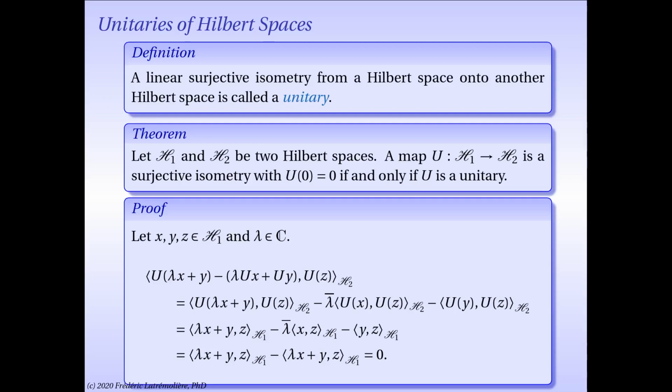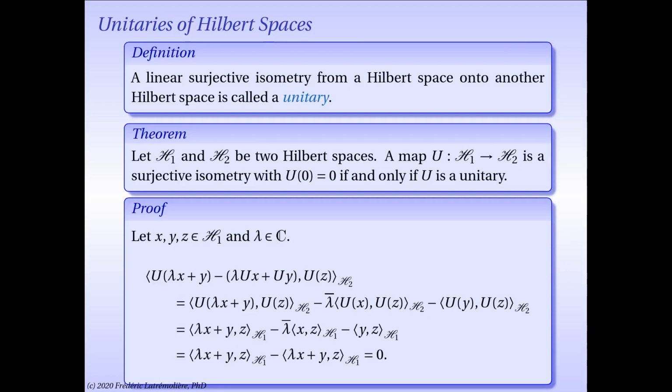To do that, I'm going to take the inner product between this vector and a vector of the form U of z for z arbitrary in the domain of U. Using sesquilinearity of our inner product, we can then expand this expression into combinations involving three inner products, all of which are of the form U of a vector inner product with U of another vector. And since U preserves the inner product, as we have just seen, we can, quote-unquote, remove U to get a new expression that does not involve U, and which is then, using the sesquilinearity of the inner product again, easily seen to be 0.